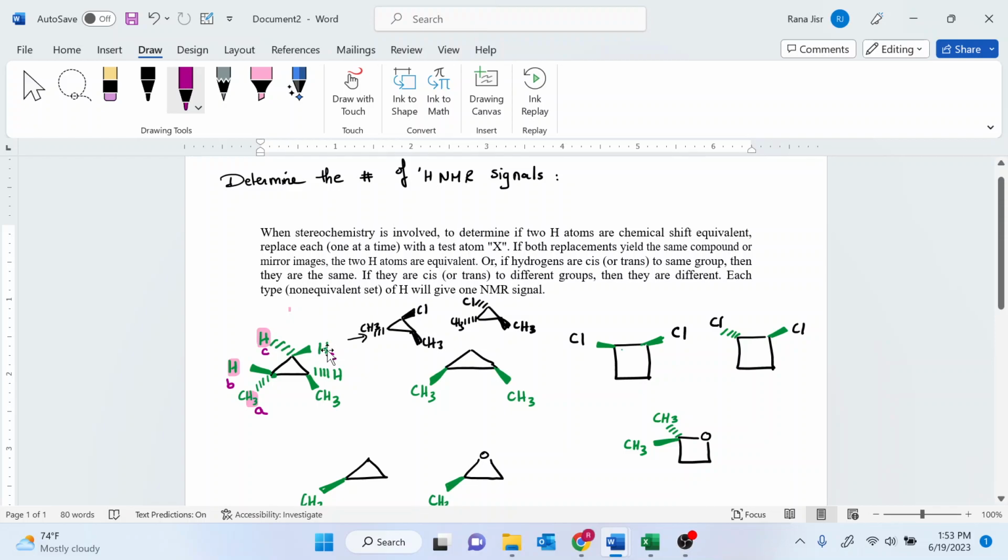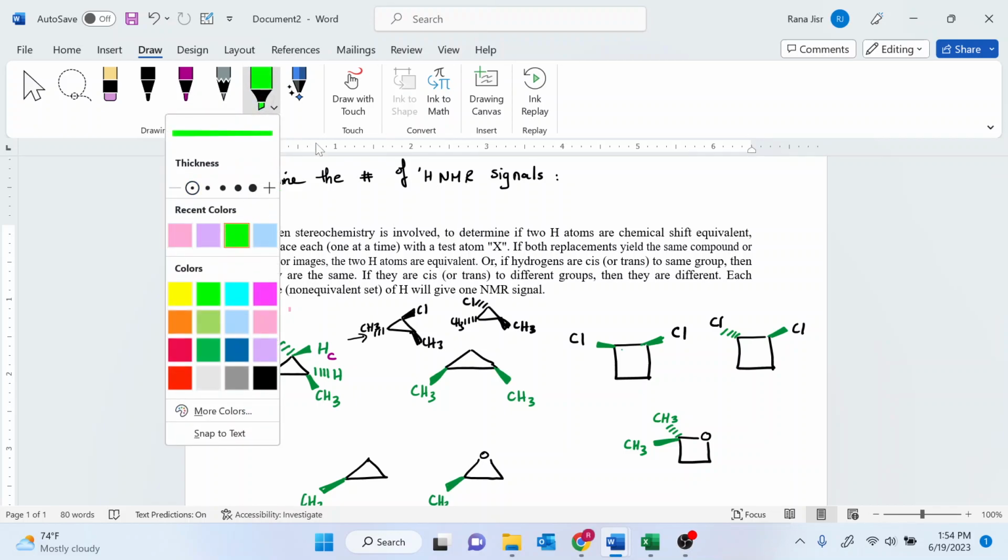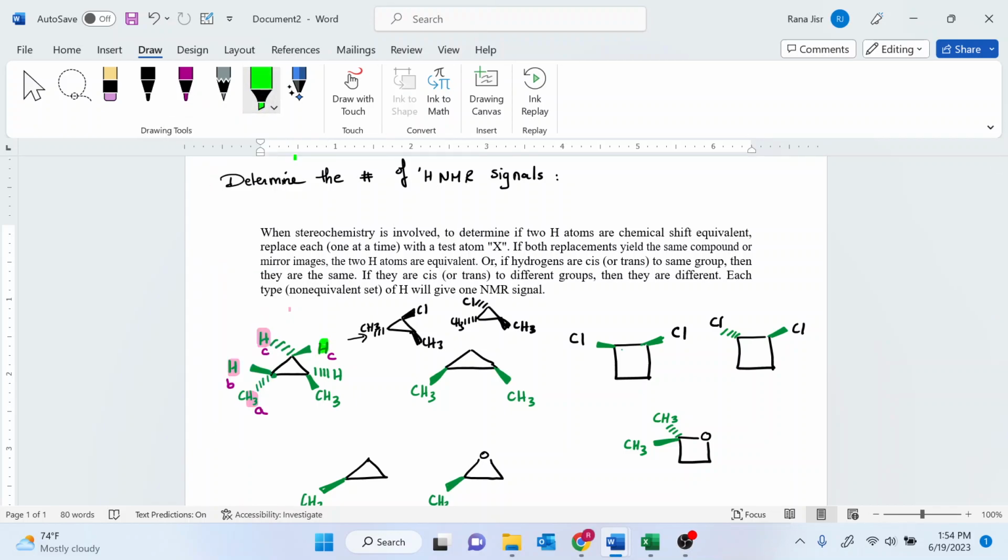Another way is to look at the hydrogen itself and see if it is cis or trans to the same group. If it's cis or trans to the same group, then they are the same. And if they are cis and trans to different groups, then they are different. So for example, for HC, let's highlight HC.